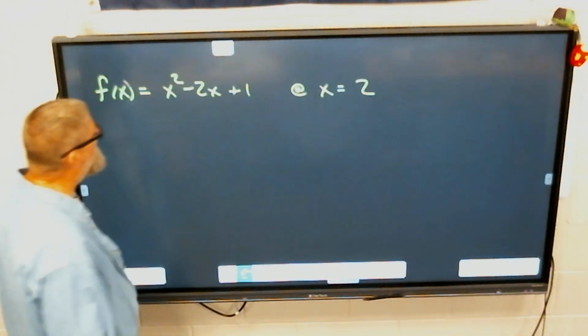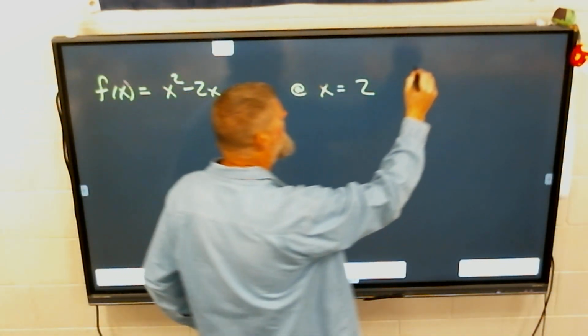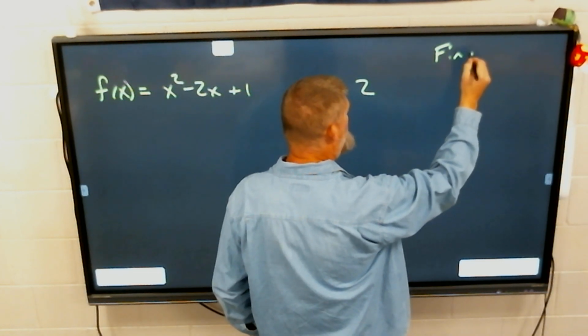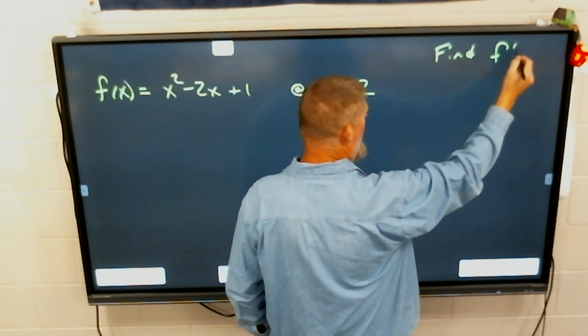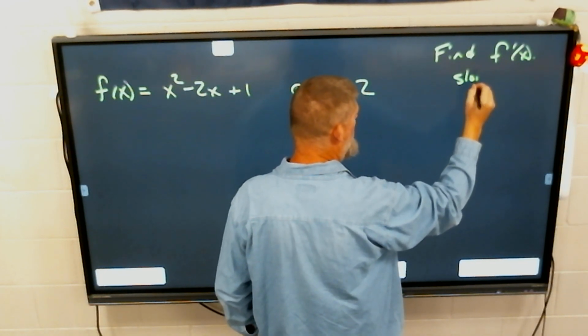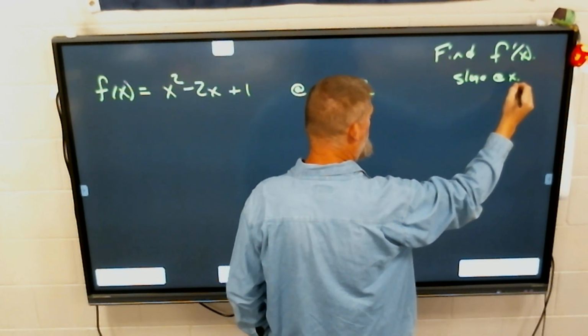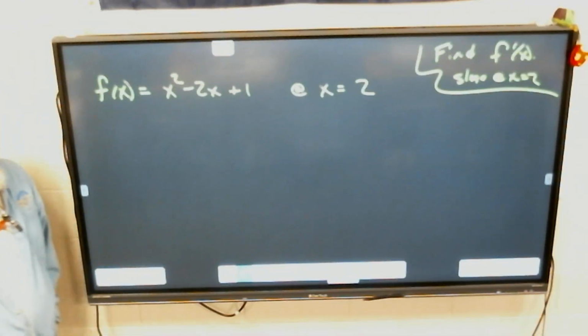Whole numbers that don't have any difference in t's next to them. Find f prime of x, or you could say find the slope at x equals 2.